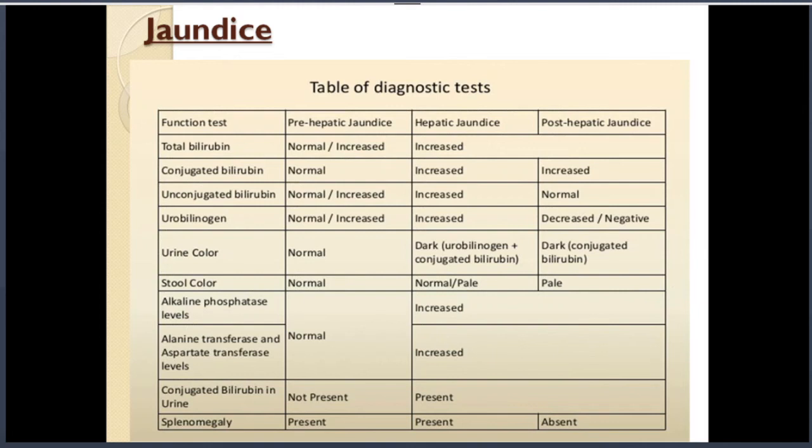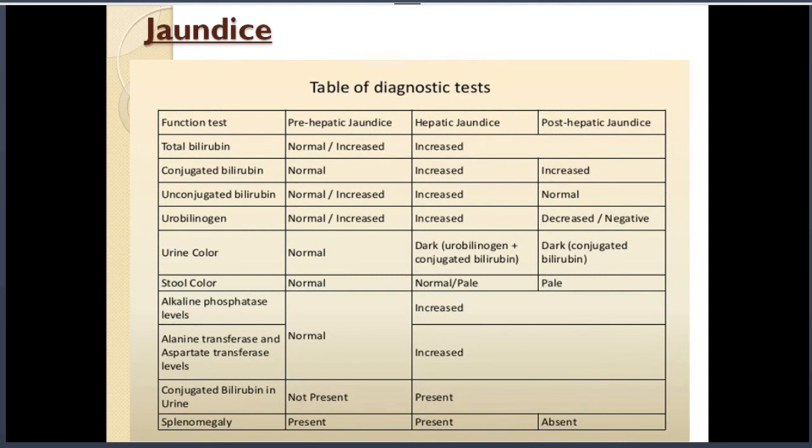Depending upon the cause of jaundice, there are three types. If it is pre-hepatic, that means something wrong is occurring before the bilirubin enters the liver. That is when there is increased RBC destruction. Then we have hepatic jaundice and post-hepatic jaundice. Hepatic jaundice is when the hepatocytes or the hepatic tissue are damaged, so they cannot convert the bilirubin into conjugated form, or it cannot pass through the biliary ducts.